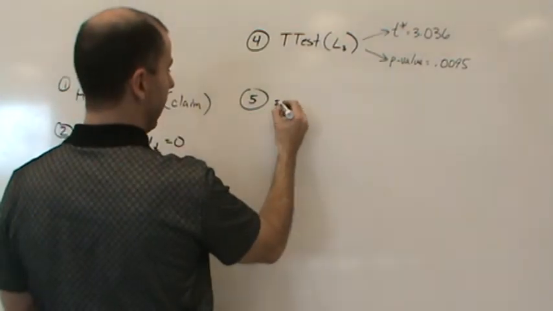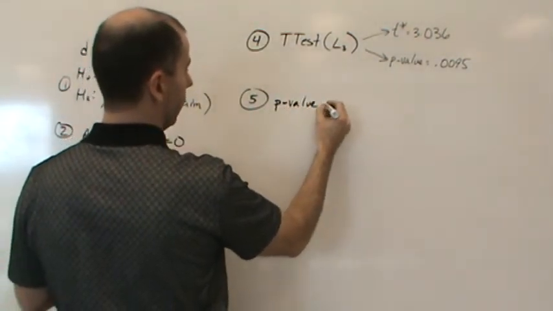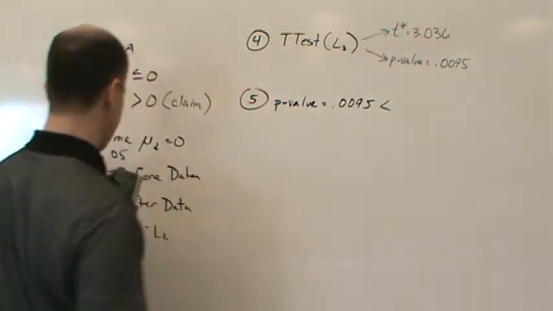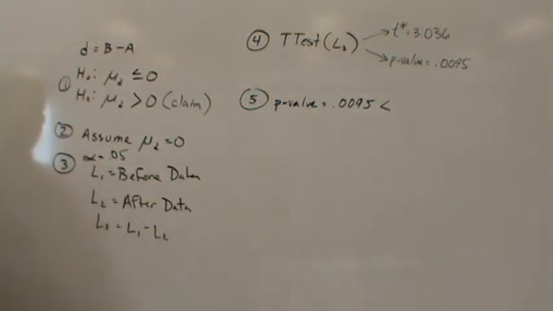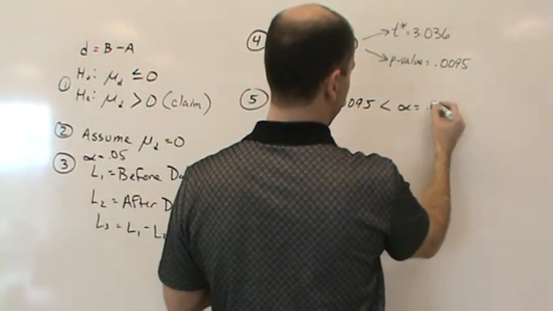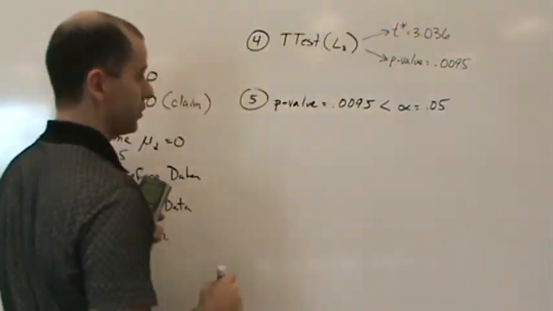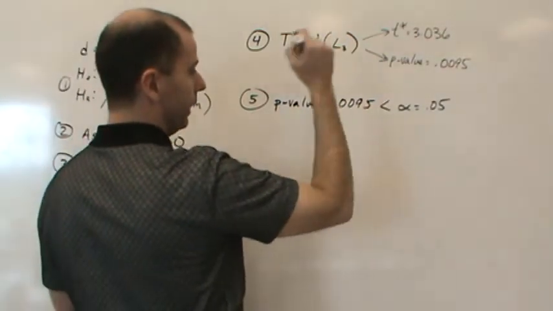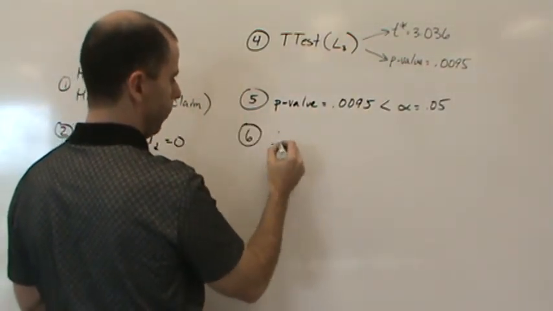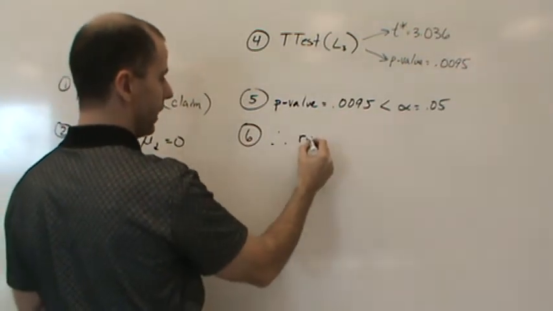So p-value is equal to 0.0095, and my alpha level is 0.05. So alpha is equal to 0.05. And so is my p-value less than alpha? Yes, it is. So step 6 is what? I'm going to reject the null hypothesis.